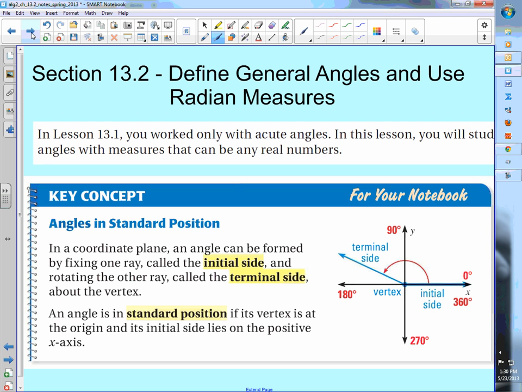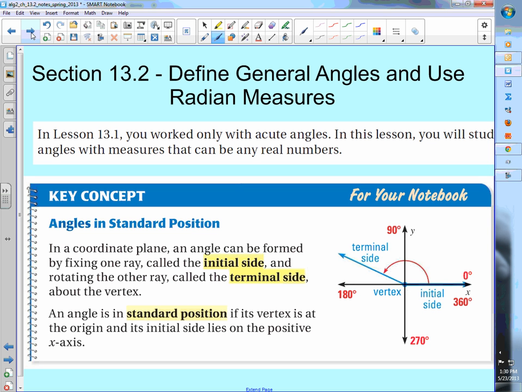Angles are not going to just be acute or obtuse, or a right angle or a straight angle. Angles can also be more than 180, more than 270, more than 360. We can have measurements of angles that are negative and positive, more and less than 360 degrees, more and less than 0 degrees.